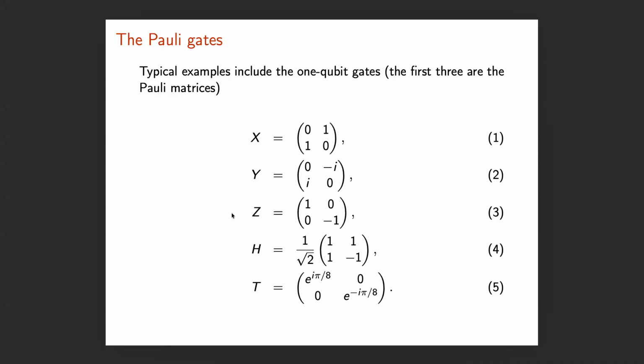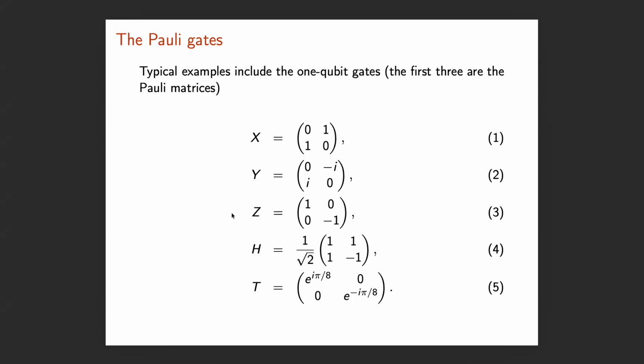Some of you may have encountered models like the Heisenberg model and the Ising model. These are all models which can be rewritten in terms of Pauli matrices, and these Pauli matrices are an important mathematical representation of physical processes. So a 1 qubit gate can often be written out in terms of these different Pauli matrices.